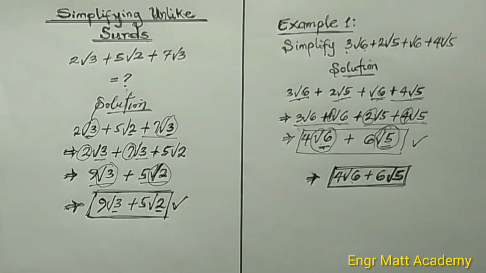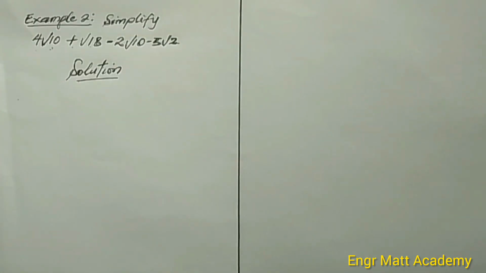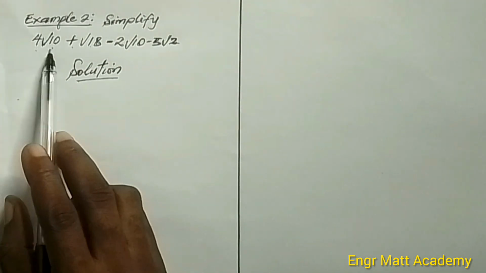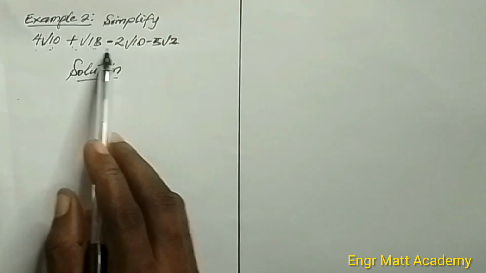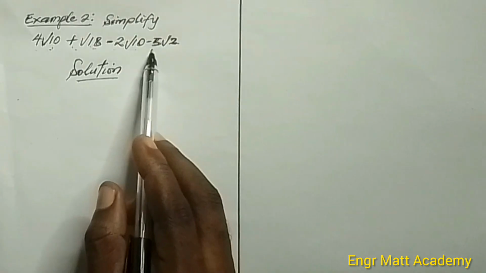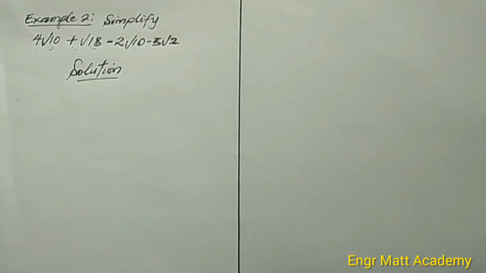Let us see another example to make this principle clearer. In this example, we have to simplify 4 root 10 plus root 18 minus 2 root 10 minus 5 root 2. So without wasting time, let's go straight to the solution.